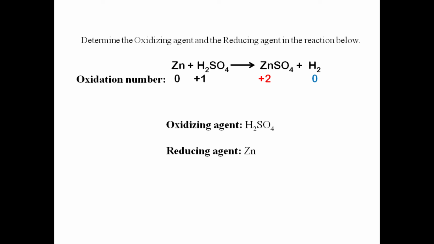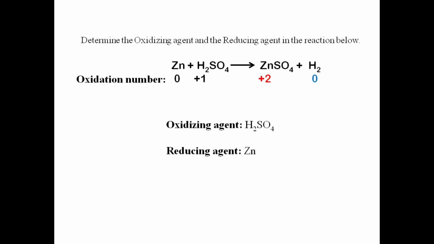The zinc in zinc sulfate has an oxidation number of +2. Why? Because the sulfate ion is 2-, and because it is a neutral compound, the 2- must be cancelled out by a +2. That is how we can easily determine the oxidation number of zinc in that case.